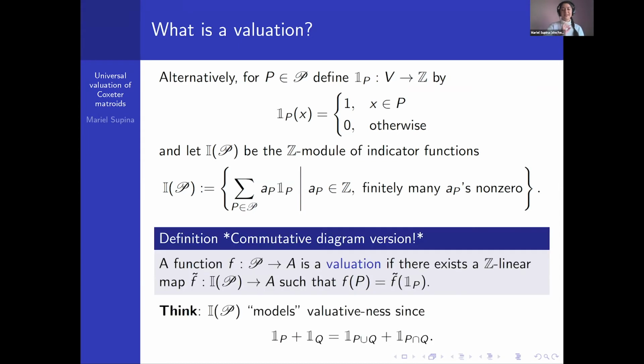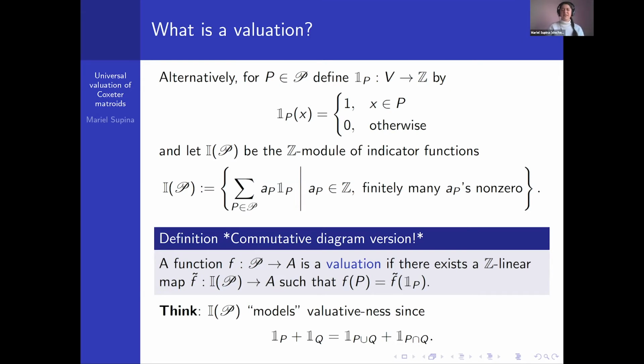The alternative definition of a valuation is that it's a function from the family of polyhedra to an abelian group that factors linearly through the indicator module. So a function F is valuative if there exists a Z-linear map F tilde such that F evaluated on a polyhedron is equal to F tilde evaluated on the indicator function.